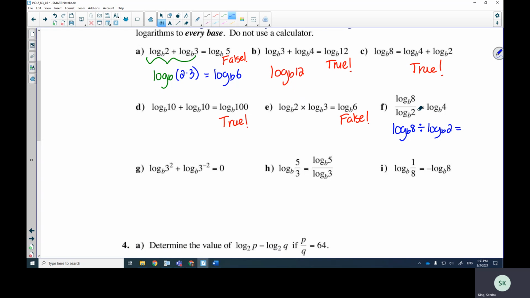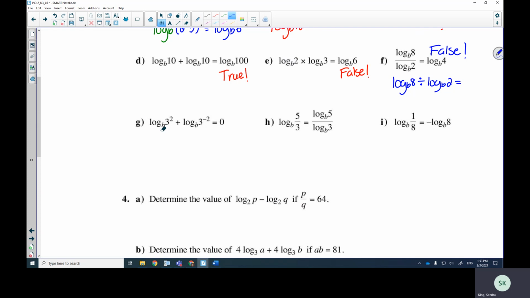No. In order to apply the quotient law, what operation do I need here? A subtraction. So this is going to be false. You cannot do that. If I gave you this question on a test, I'd have to give you what the base is. You figure out what this log is, you figure out what this log is, and you divide those 2 numbers, right? We can't do a law for here, we can't do a law for here.